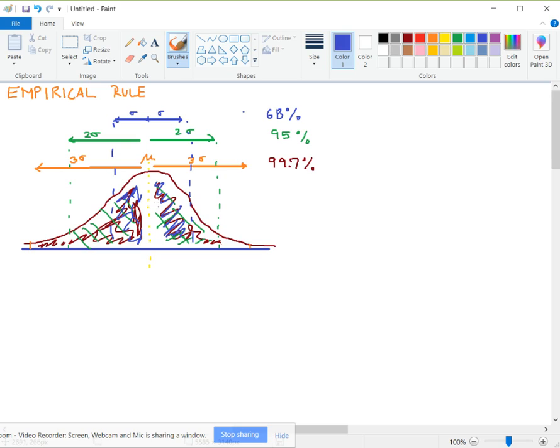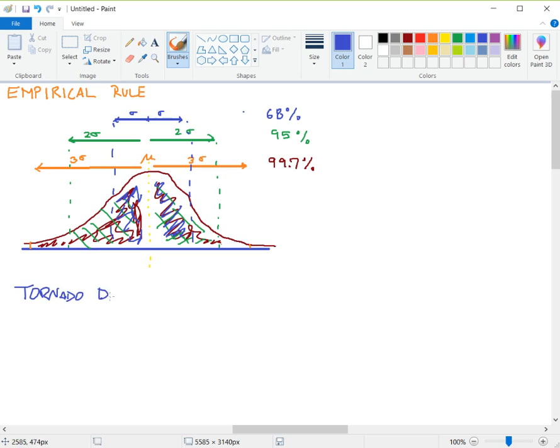And because this is generally true, we can use it to make predictions and to solve certain problems. For example, suppose we collect data concerning tornadoes. Let's call it tornado data.